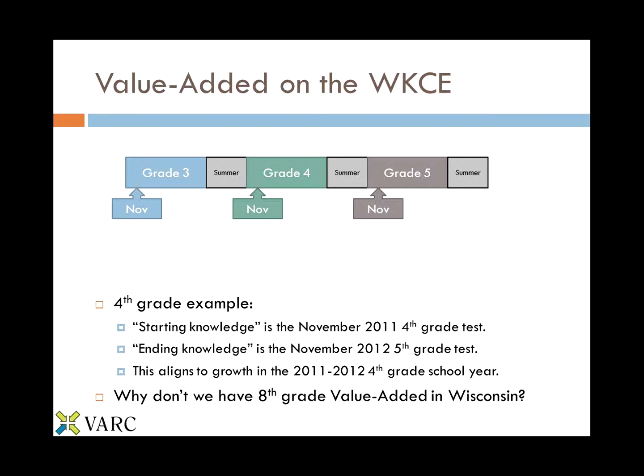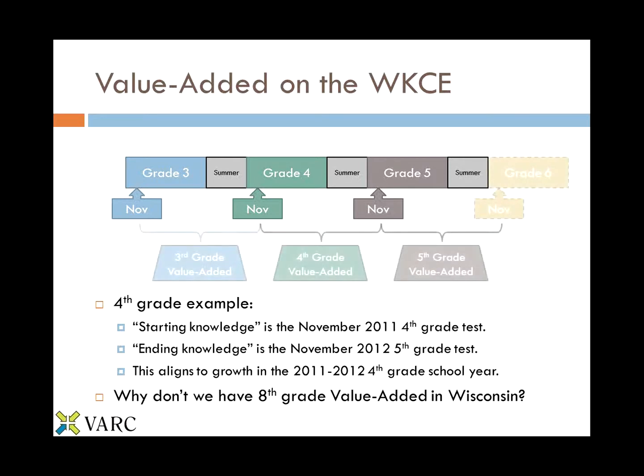That represents our best way of using the WKCE to find out how much the kid knew when they came to this 4th grade teaching team. Again, not the first day of school, but close enough that that's the best measure that we have available. When we're looking at value added, we want to look at longitudinal growth of kids. So if a kid took the November test in 2011 for 4th grade, 1 year later, in November of 2012, they're going to take the 5th grade WKCE.